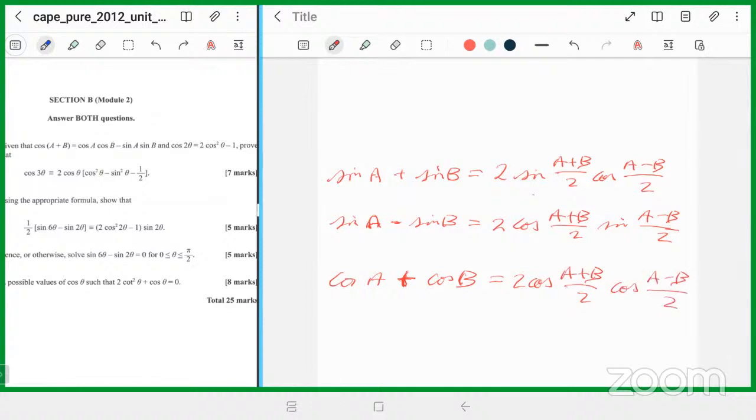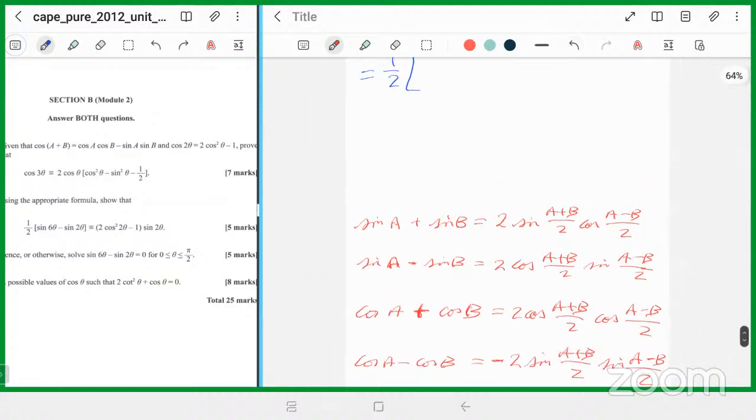And then you have the difference of two cos, which is cos of A minus the cos of B. That becomes what we call minus sine sine. So the only one that starts with a minus 2. So it's minus twice the sine of half the sum times the sine of half the difference.